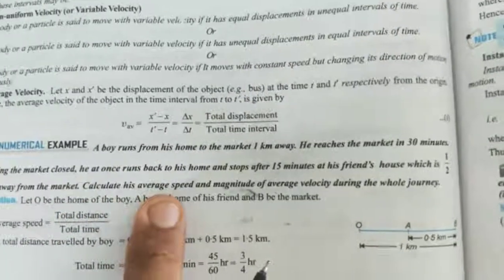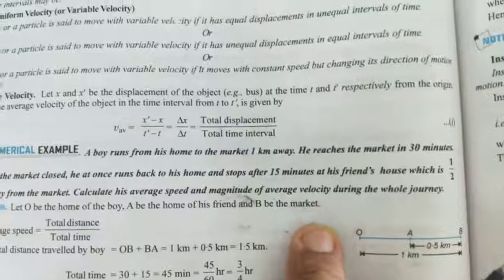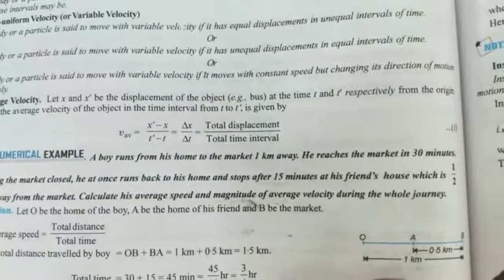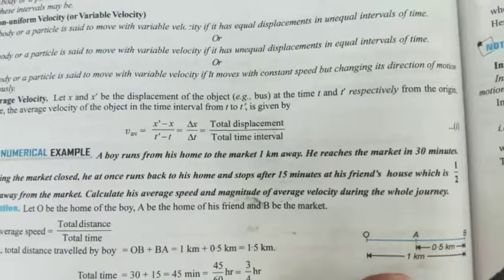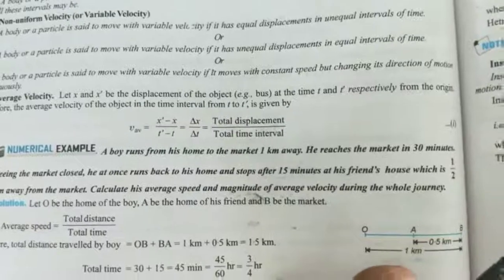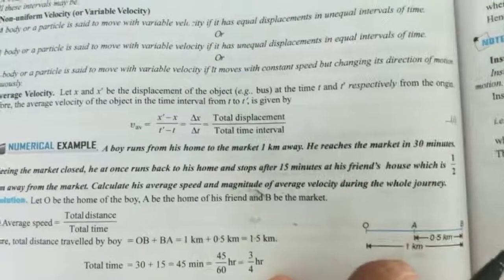You have to calculate the average speed and the average velocity. Average speed is total distance upon total time and average velocity is total displacement upon total time. So you have to calculate this.